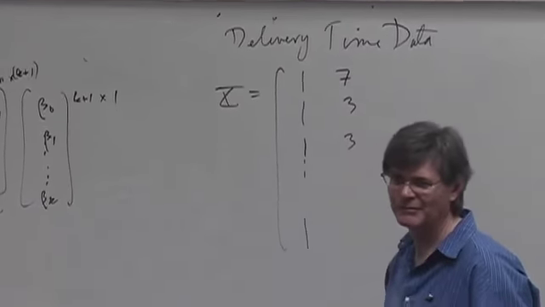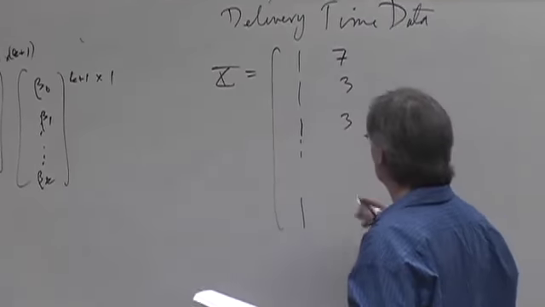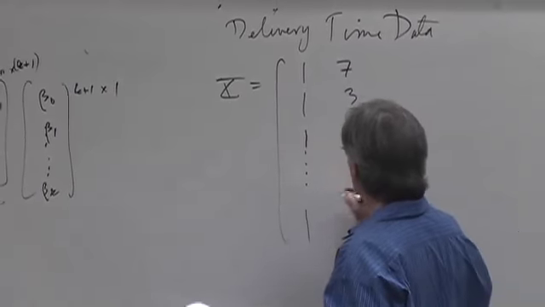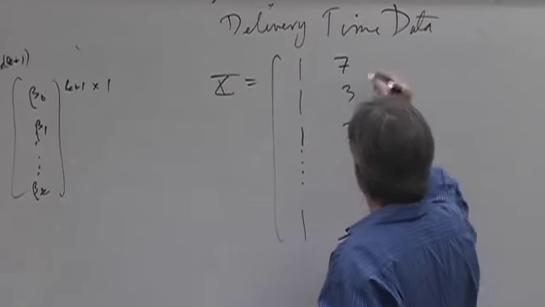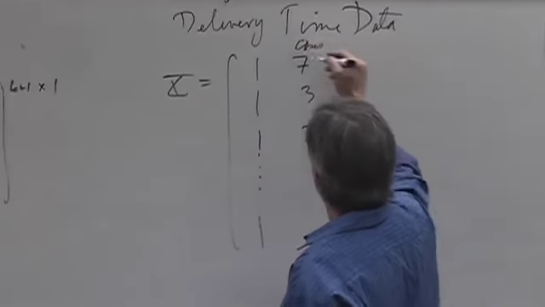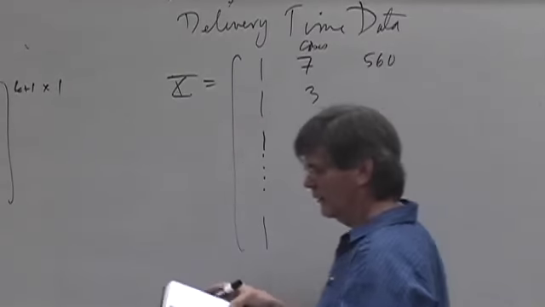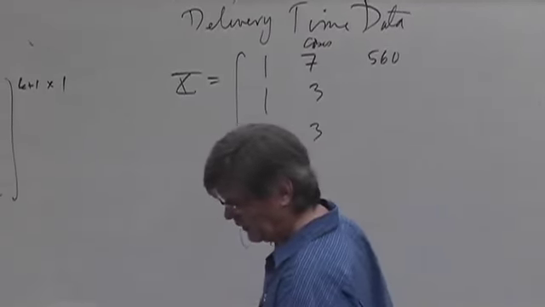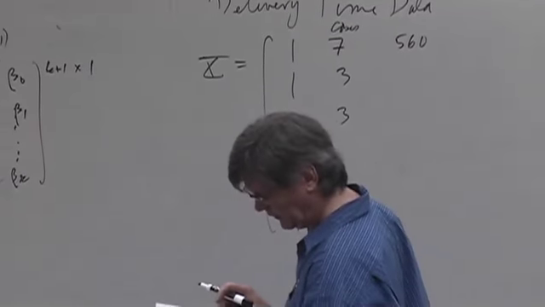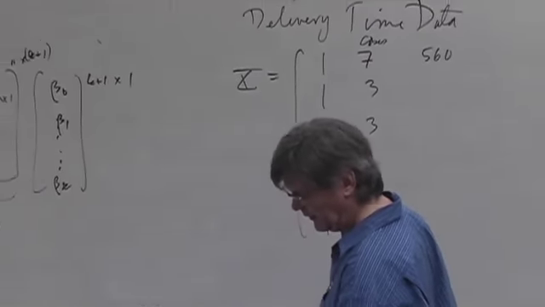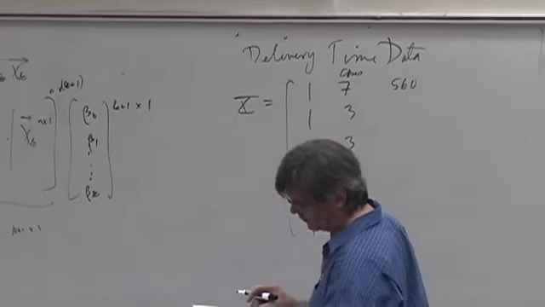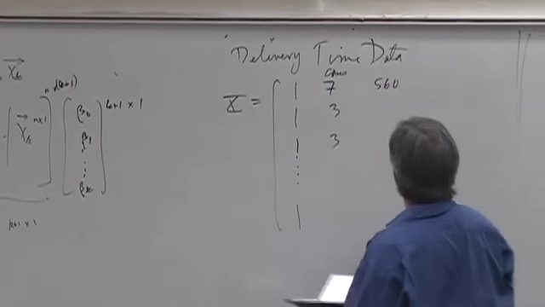Okay? 1 corresponds to the intercept. 7, 3, 3. These were the cases. And then also there was another variable, which is the distance the delivery person had to go, in feet.